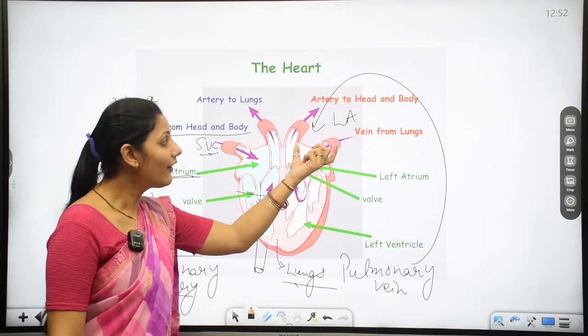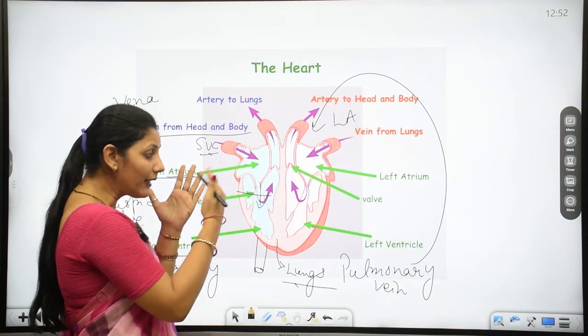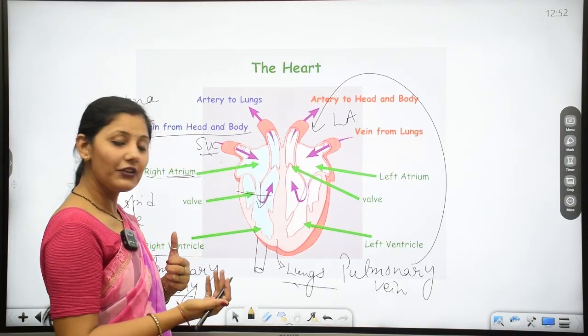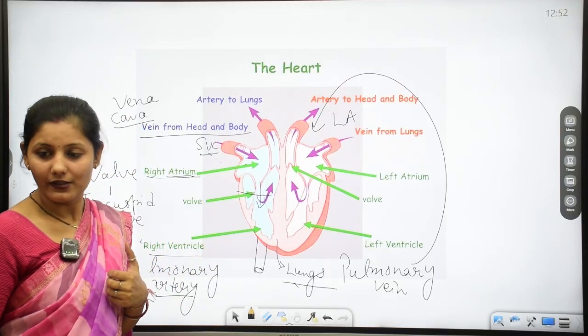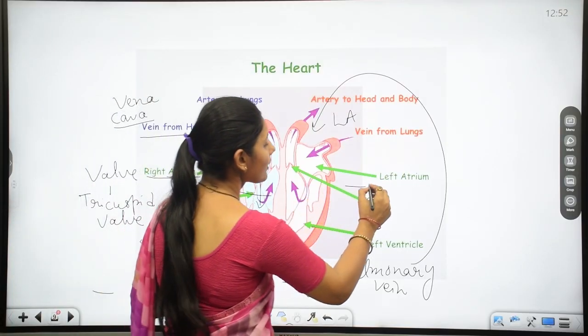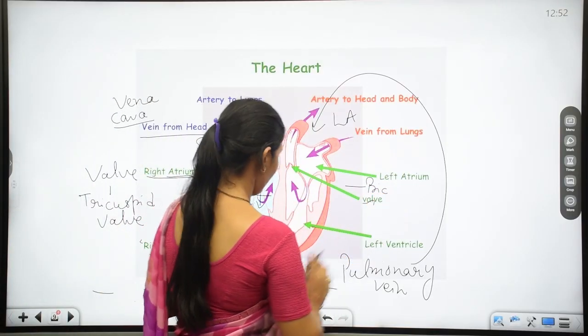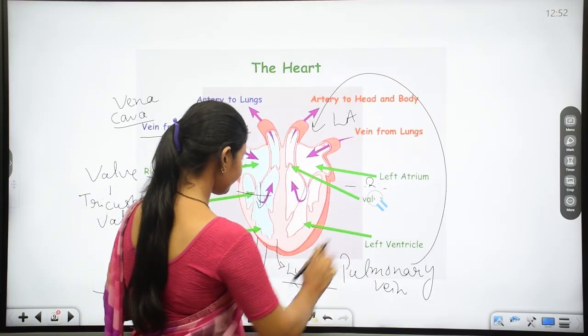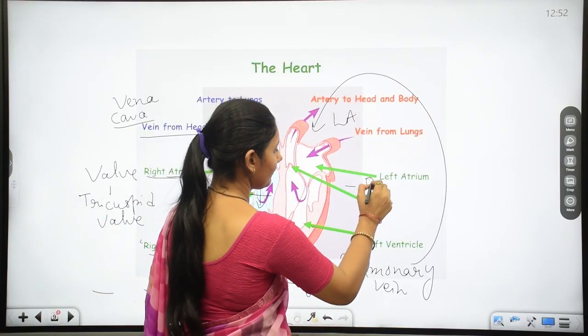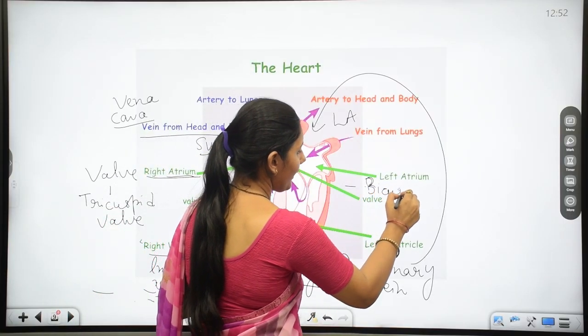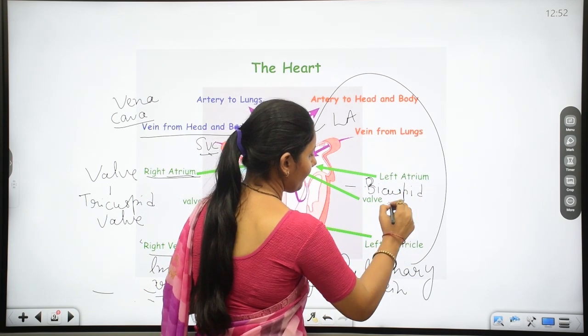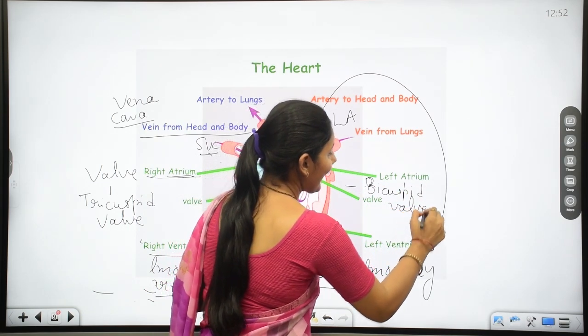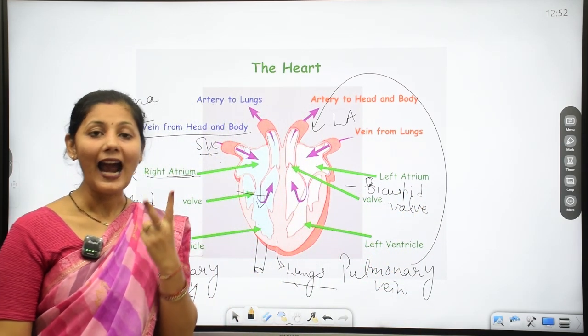Now inside the left auricle, between the left auricle as well as the left ventricle, another valve is present, which is known as the bicuspid valve. It has 2 flaps and 2 cups.